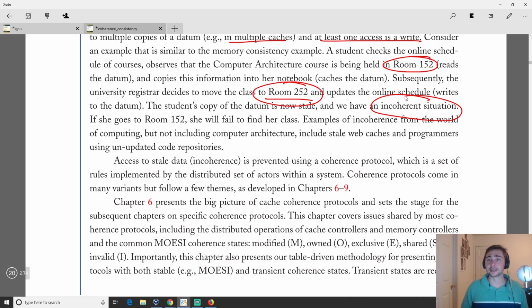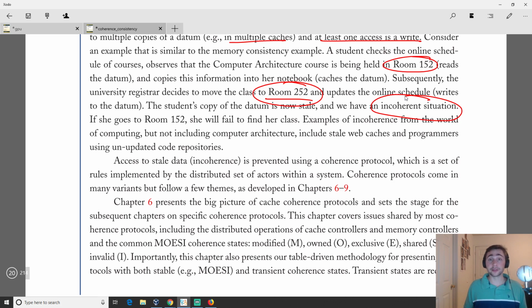What we care about is somebody having a local copy that isn't valid or shouldn't be valid. So take the case where you have two threads on, say, two different cores. Both of them read a variable A that's in memory. They both get the exact same value from that read.